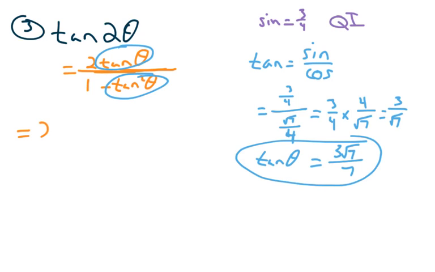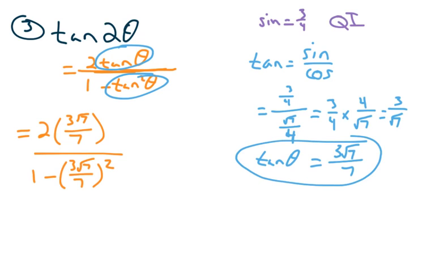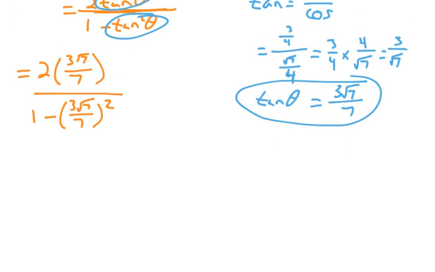So this is equal to 2 times 3 square root of 7 over 7, over 1 minus, and then again, 3 square root of 7 over 7 squared. Let's clean some of this up. The numerator becomes 6 square root of 7 over 7.